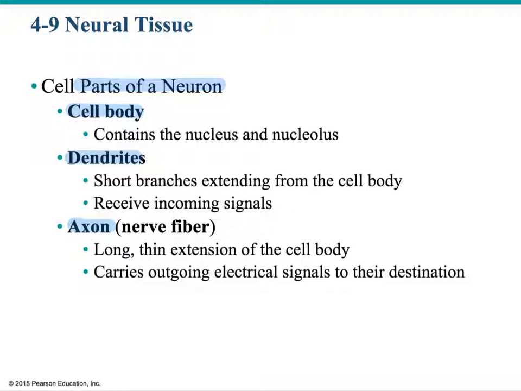The cell body is the main part. It's the part that looks like a cell. It has the nucleus in it. In fact, I'll draw you a cute little picture here while you are taking notes. Okay, there's your cell body. Around the cell body, you're going to have these little fibers called dendrites.